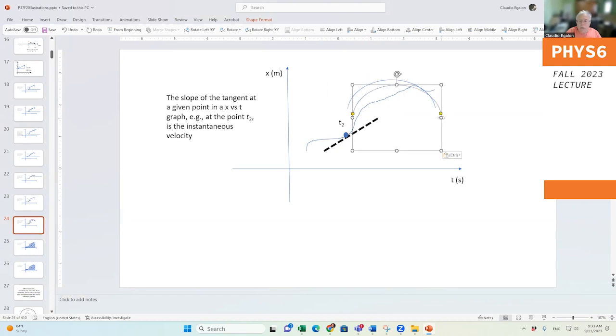Let me give a nice example here. Suppose that we have a curve like that.